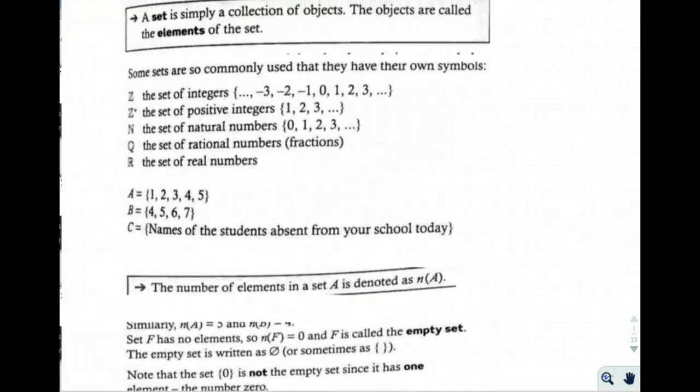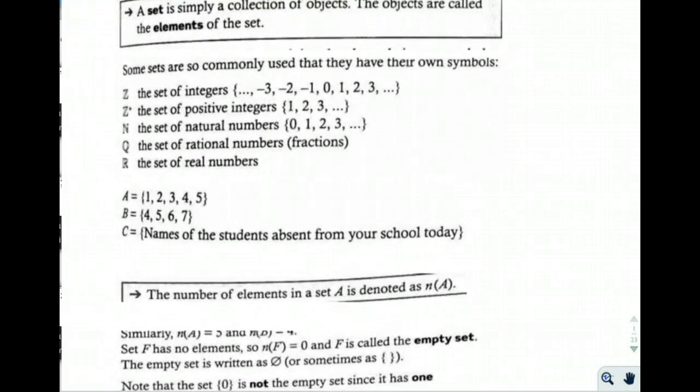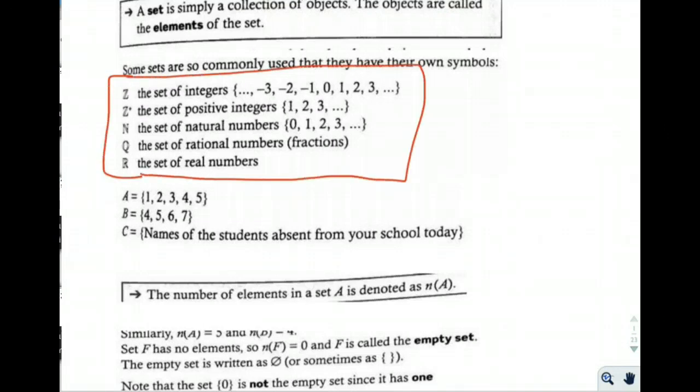If you remember the first couple weeks of math studies junior year, we talked about these special sets. The integers are represented with a Z. The positive integers are the numbers greater than 0 that are whole numbers. And there's the natural numbers, which is almost the same thing, except it also includes 0.